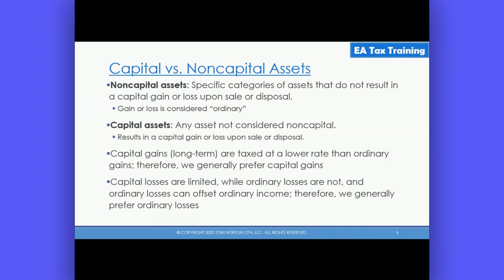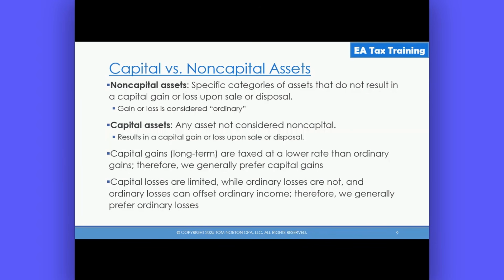However, if you have a loss when you sell or dispose of a capital asset, then those losses are limited. Whereas if you had an ordinary loss, those losses are not limited. And again, we're talking here about investment property. If you've got a loss on a personal asset that you just own and use in your daily life, you don't get to take a loss for that regardless. But if you're talking about an investment asset, if you sell that asset and it is a capital asset, then the amount of losses that you can take is limited.